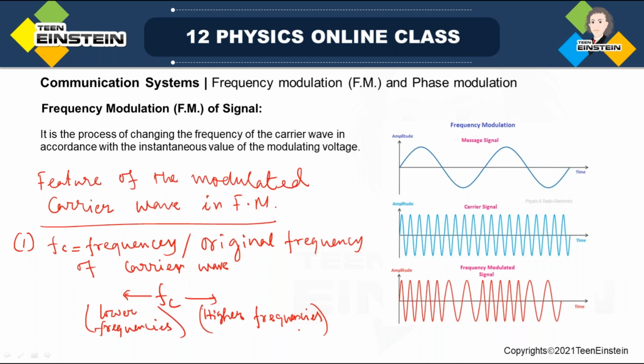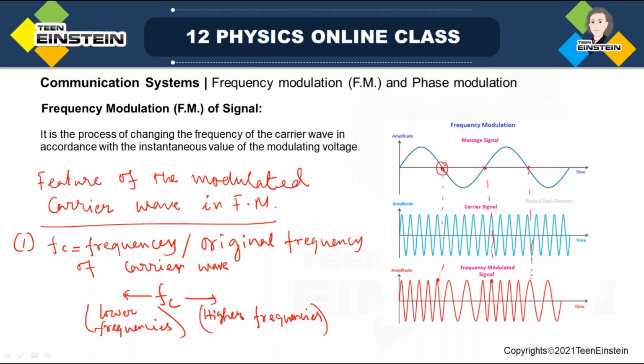And when the modulating amplitude is 0, at these places you have the carrier frequency itself, exactly equal to the carrier. Maybe there is a little bit of mismatch in the curve.